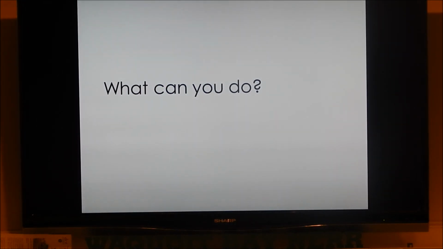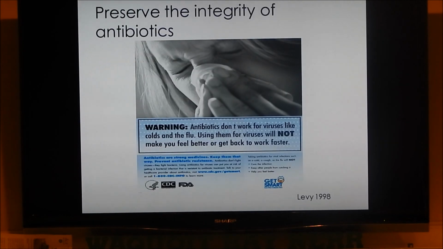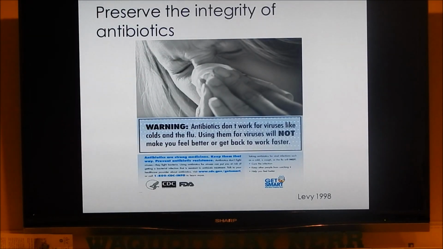So now that I've told you that there are all these problems, it seems a little overwhelming, it seems like it's out of our scope. There are a couple of things that you can do that I just want to point out, so it doesn't sound so doom and gloom either. One thing is to preserve the integrity of antibiotics. Because of structural differences, if you have a virus, like the flu or the cold, and you take an antibiotic, it's not going to help you.